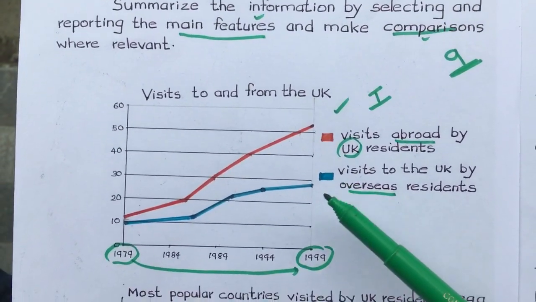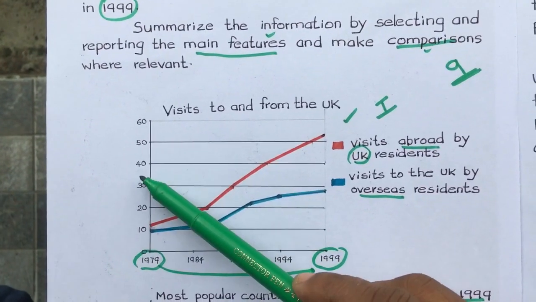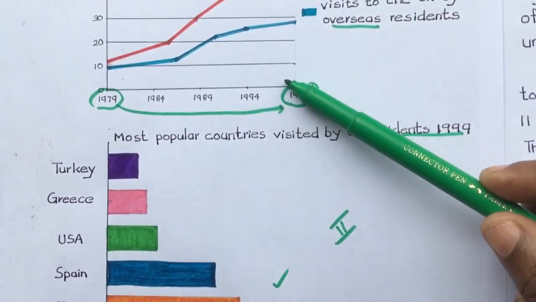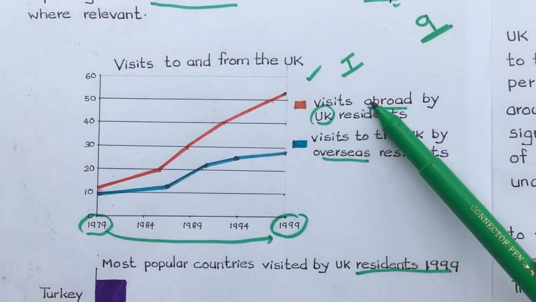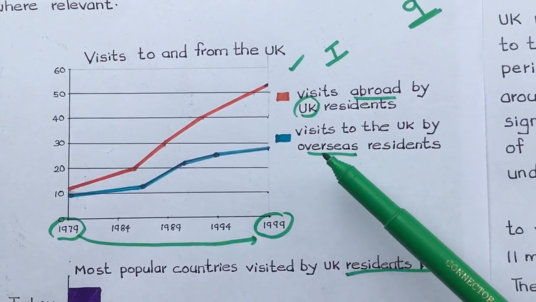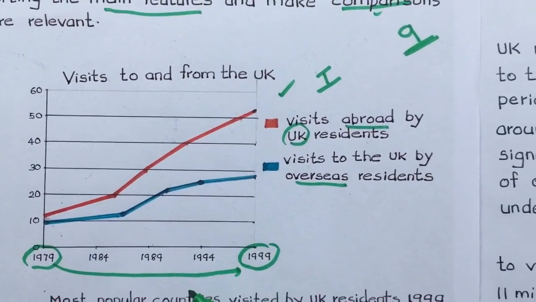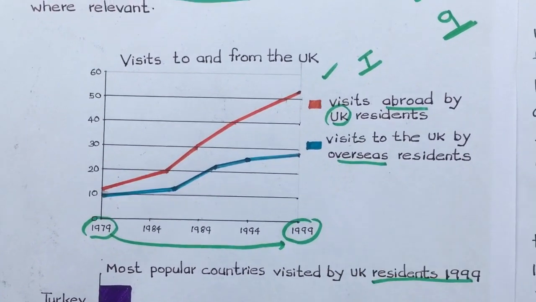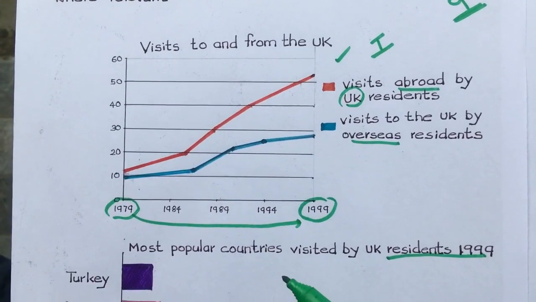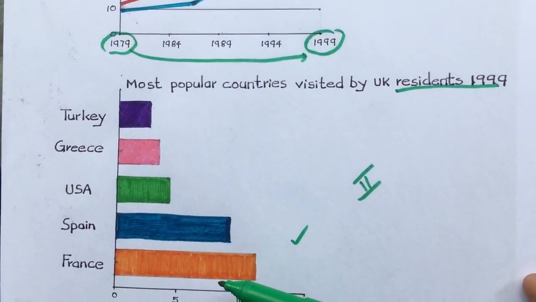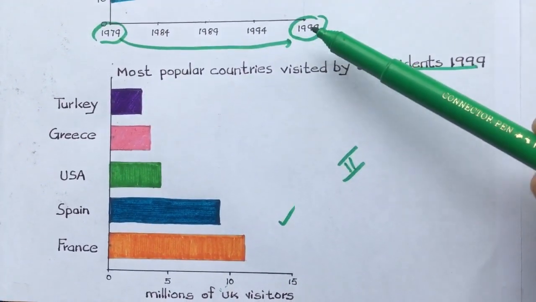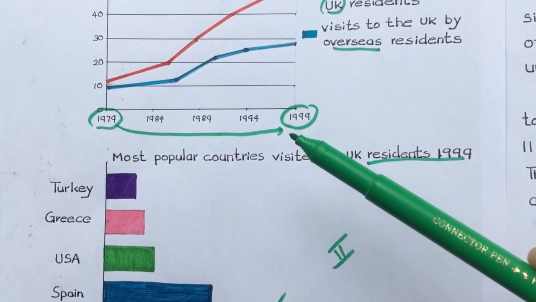Even if it is not shown here, you still have to use millions. And from the UK who went abroad, and those that came to the UK, what period? From 1979 to 1999. While the bar graph shows which countries were the most popular for UK residents to visit in 1999. That is the striking feature or the focus of your question.